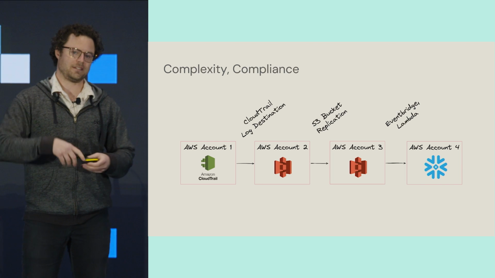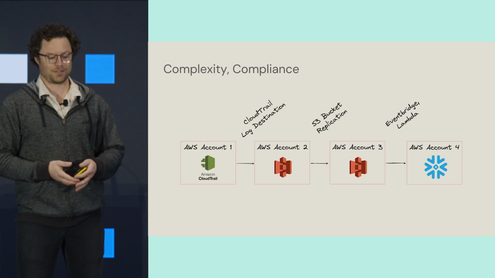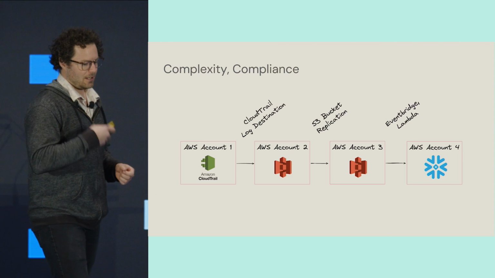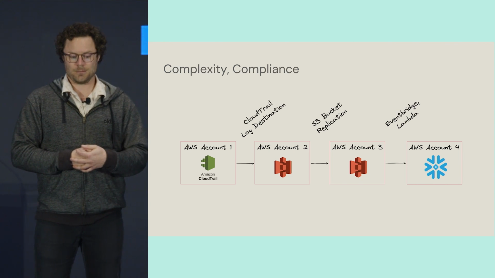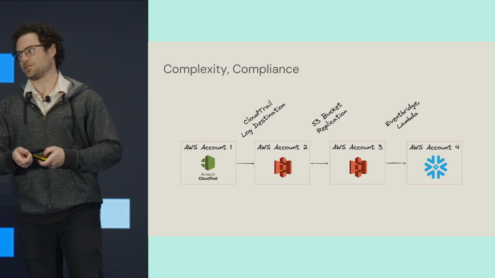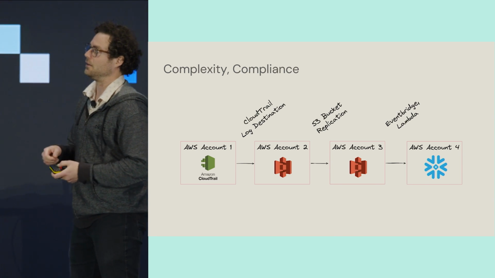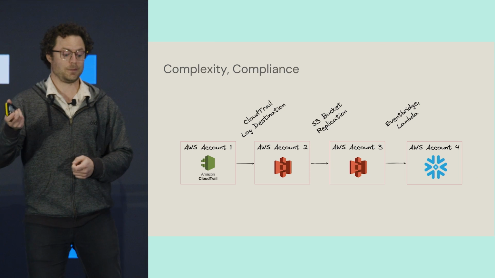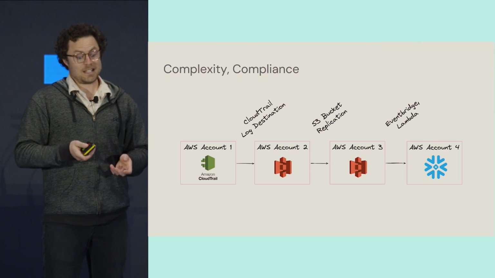Compliance dictates that we segregate AWS accounts. However, we want to get logs from all those AWS accounts. And the inherent complexity in those decisions means that CloudTrail logs are generated in one AWS account. They're sent to a second federated AWS account. Nobody has access. And sent specifically using a CloudTrail log destination. Pretty easy to do.